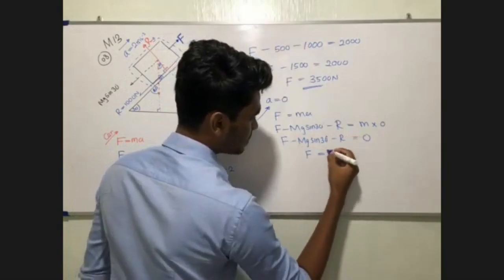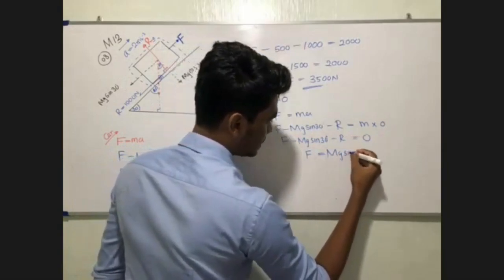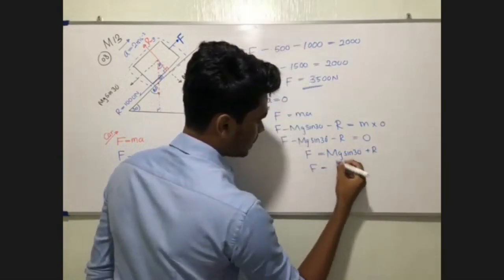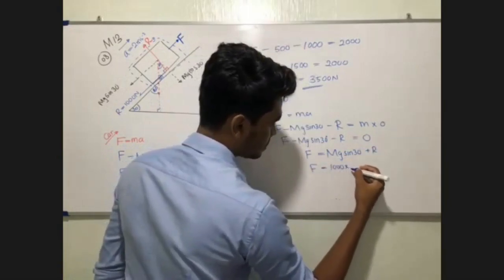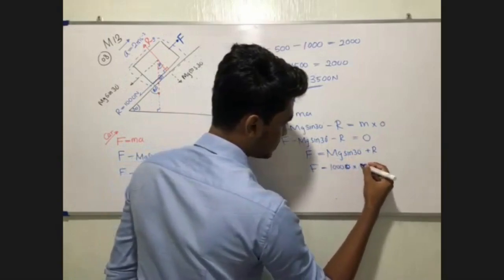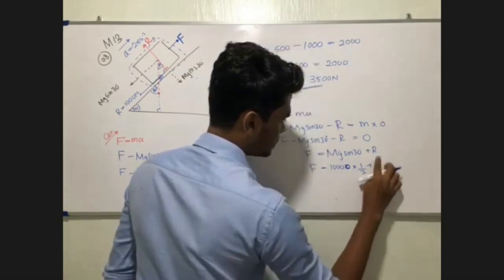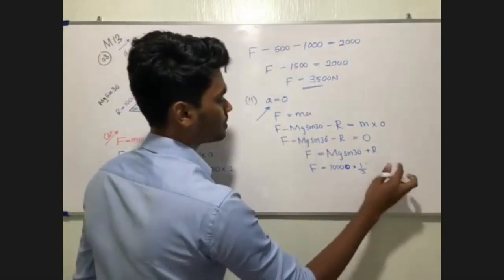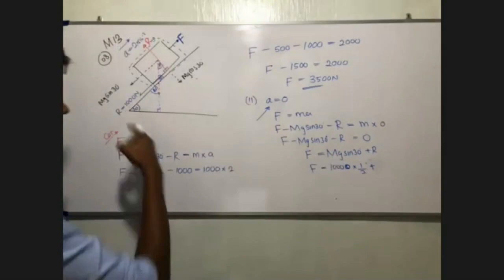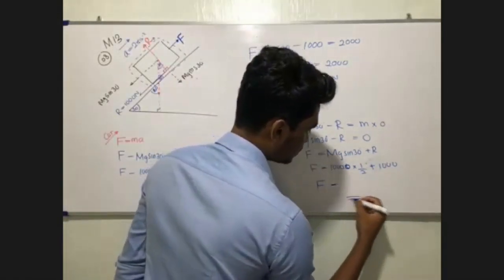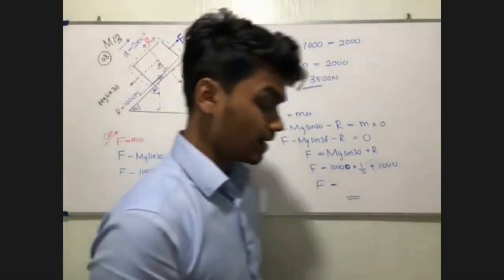So F is equal to mg sine 30 plus R. mg is 10,000, sine 30 is half, plus R, which is 1000. So you can get the answer simplifying this.